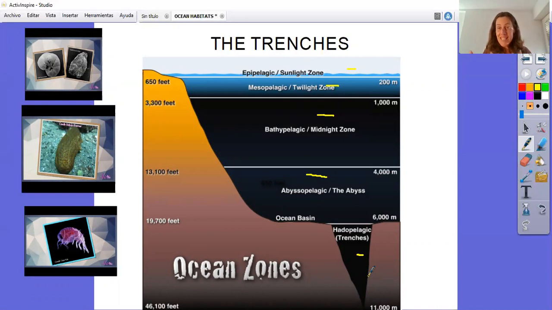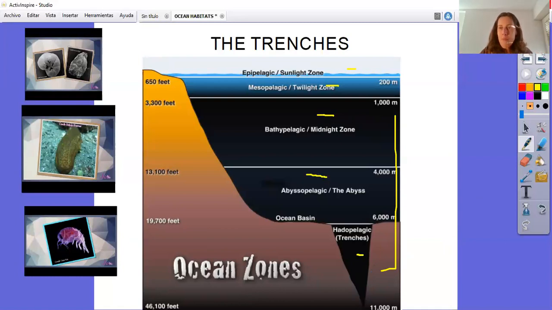And scientists know more about Mars, about the planet, than what's going on here in the Mariana Trench. So from the midnight zone till the Mariana Trench, everything is very mysterious. Nobody knows much about it.